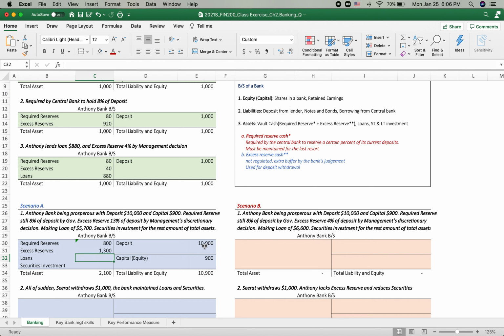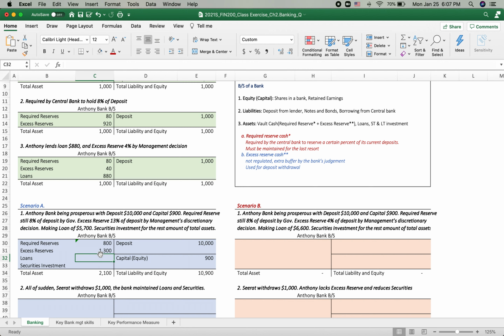Because the $10,000 deposit is not going to be withdrawn at once, but some big amount of a deposit can be withdrawn. So 1,300 is the excess cash to respond to the withdrawal request.